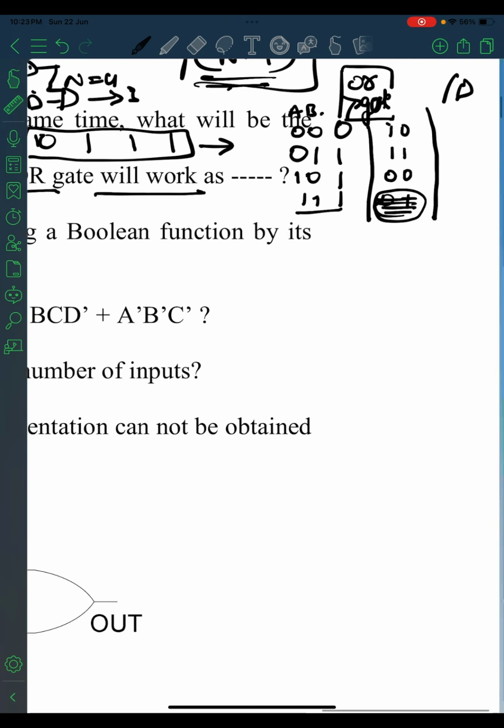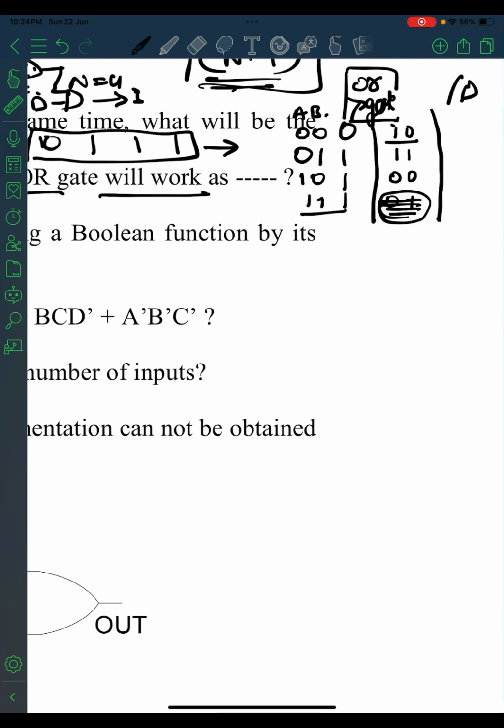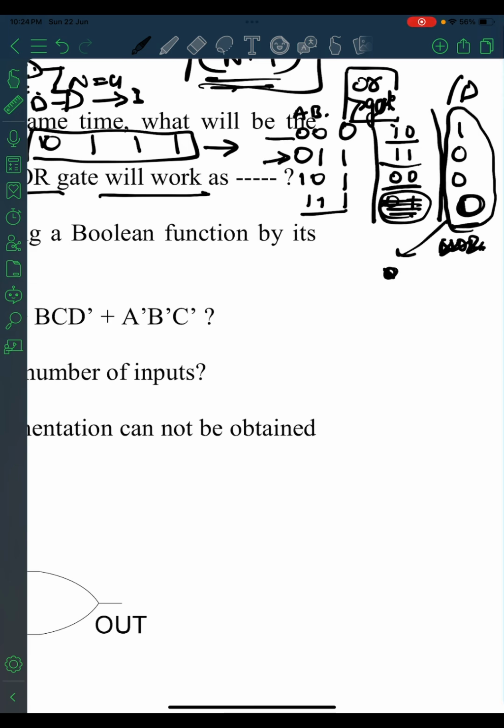Now we are supposed to look into this one. For 1 and 0, what will be the output? That will be equal to 1. For 1 and 1, what will be the output? It is equal to 0. And for 0 and 0, it is equal to 0. For the don't care case, if you consider it as 0, then for the inputs A and B, 0 0, 0 1, 1 0, 1 1, the output is 1 0 0 0.